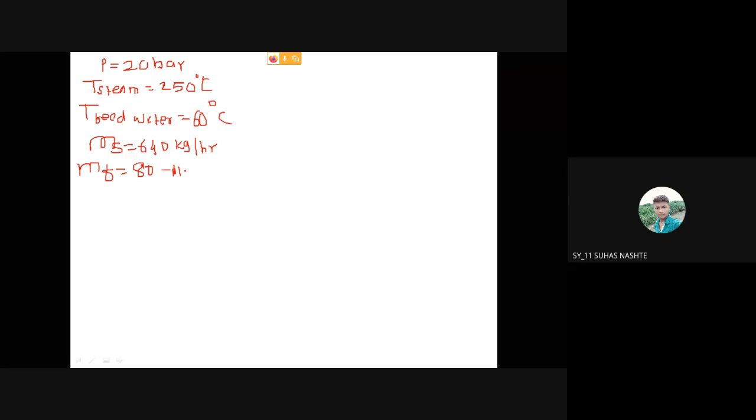CV is equal to 31,400 kilojoule per kg. Anything more than this given?